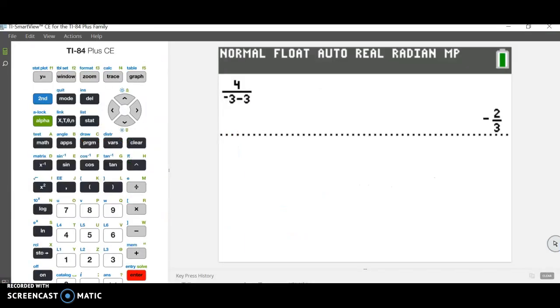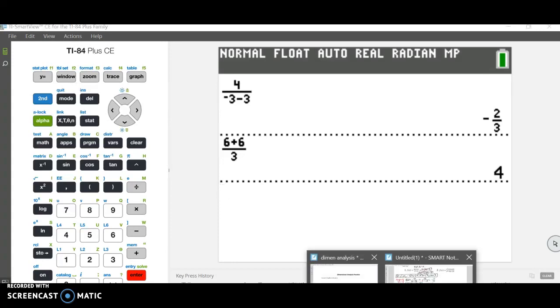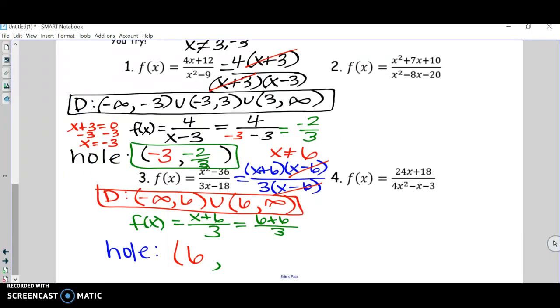I could probably do this in my head, but I'm going to show you another time how your calculator will simplify it. Alpha y equals, enter, 6 plus 6 over, what was it, 3? Would give me what? So my hole is at the point 6 comma what? 4.